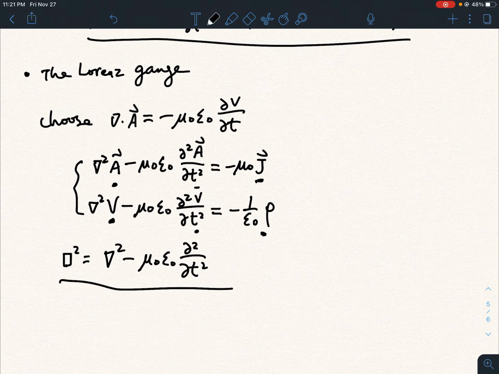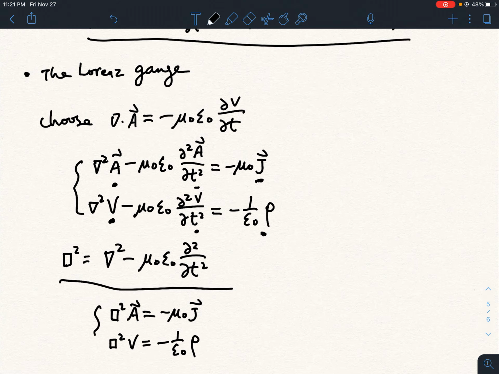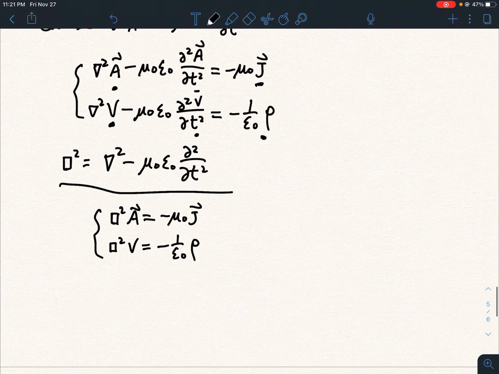It has to be applied on something to be meaningful. Now, once you have this, what do you see here? It just becomes like this.